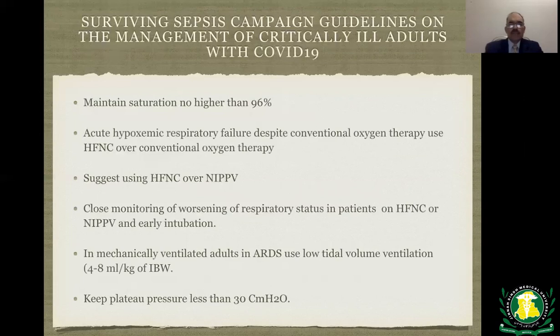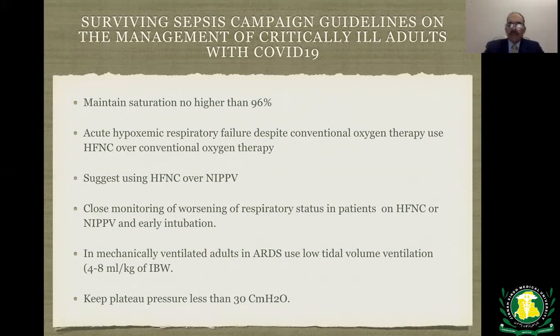Now, the Surviving Sepsis Campaign guidelines on the management of critically ill adults with COVID-19. These recommendations are from the Society of Critical Care. Just to summarize them here: maintain the saturation in these patients at 96 or above.